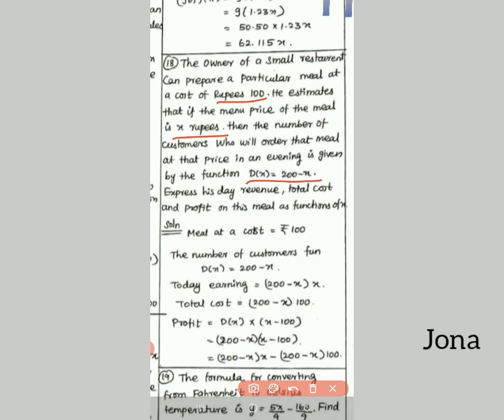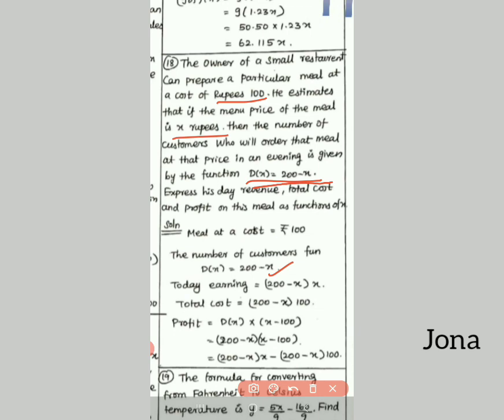Okay. Here the cost of the meal is given as rupees 100. So the number of customers is given as the function d of x equal to 200 minus x. So the number of customers is 200 minus x, isn't it?